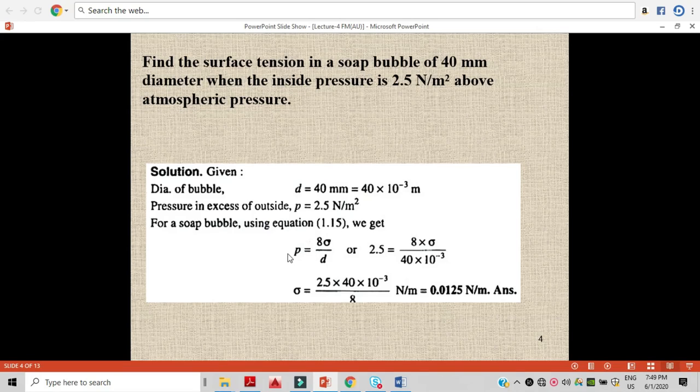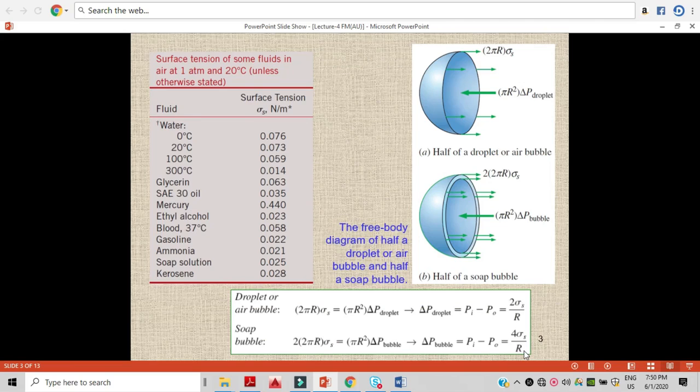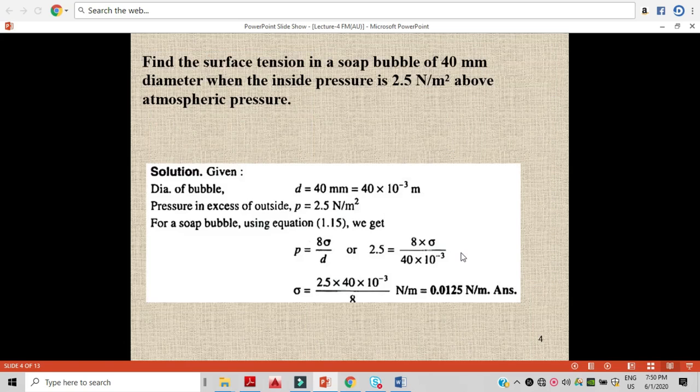So delta P is equal to 4 sigma over R. If we are using the diameter, R is equal to D by 2, so it will become 8 sigma over D. Here the pressure excess is given for the soap bubble, and the diameter is given, so everything is known.